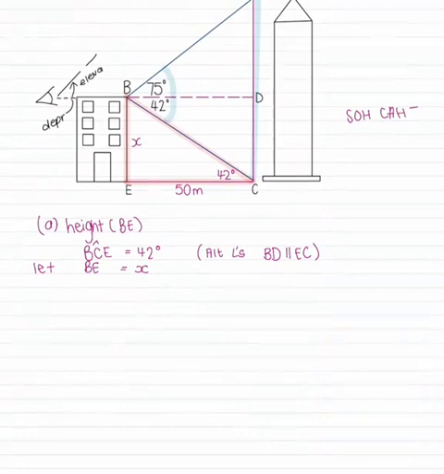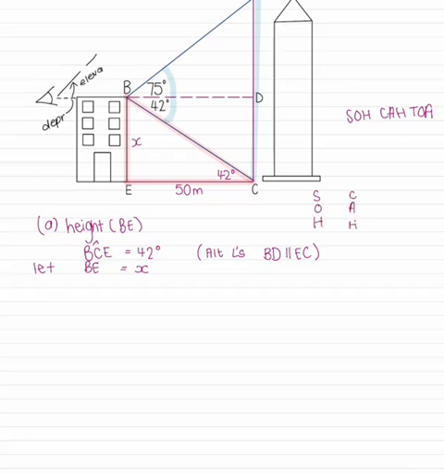Now you can either write it as follows, or what some students prefer is to write it downwards, okay, vertically. And the reason for that is because then you can just put your fraction line and there's your fraction. All right, your ratio. So if I'm looking at what I've been given, I have my adjacent side and I have the opposite that I'm looking for. So that means I have to use my tan ratio.